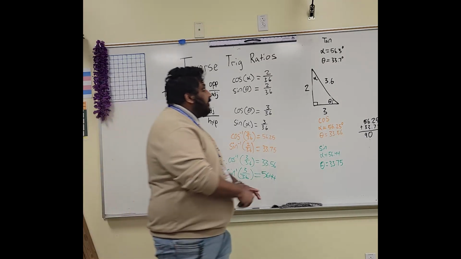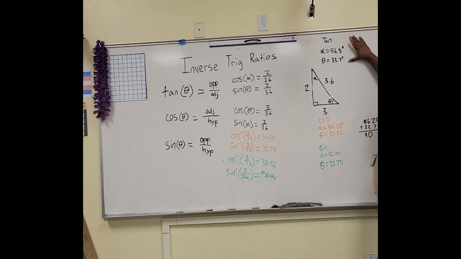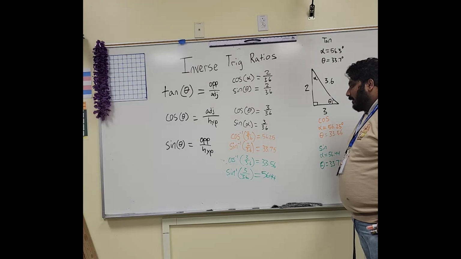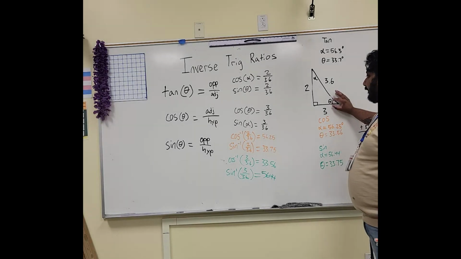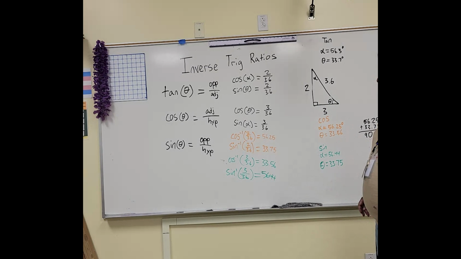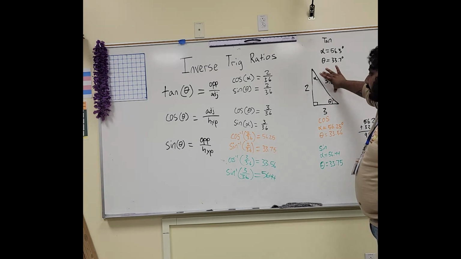So that's why tangent up here automatically has its own, but it's perfectly set up, because there's no other version of it. There's only one way to do it. Whereas with sine and cosine, we have two different ways to find the same angle. So obviously sine and cosine are very connected, just because they have this hypotenuse at the bottom.